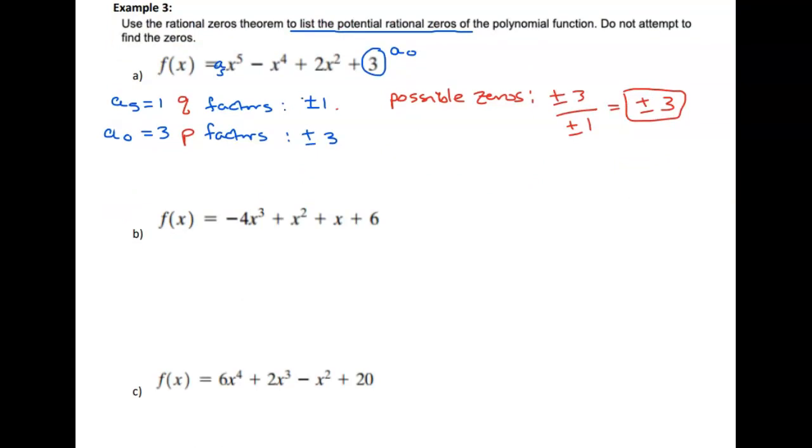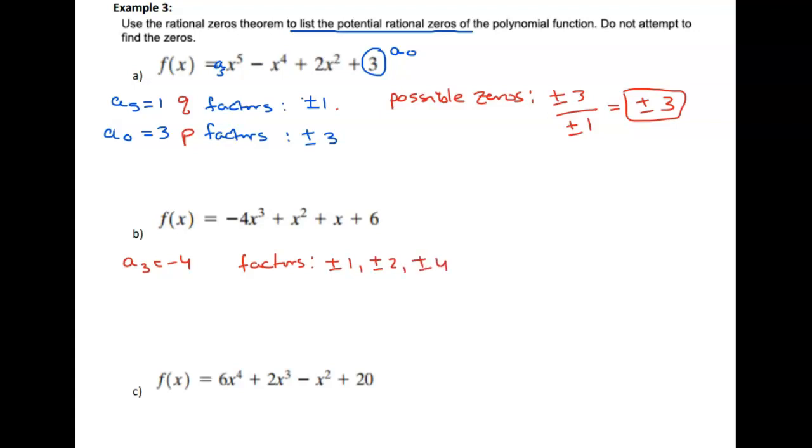Okay, so we want to list the potential rational zeros. Say this is a3 right here, equals -4. We want to list all the factors: plus or minus 1, plus or minus 2, and plus or minus 4.